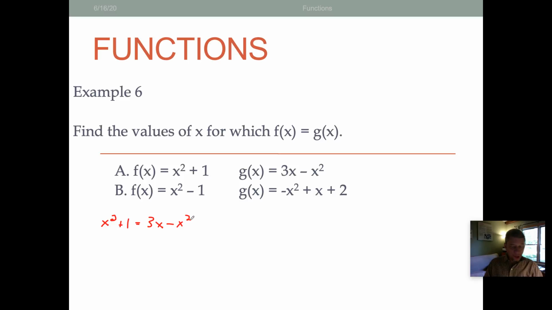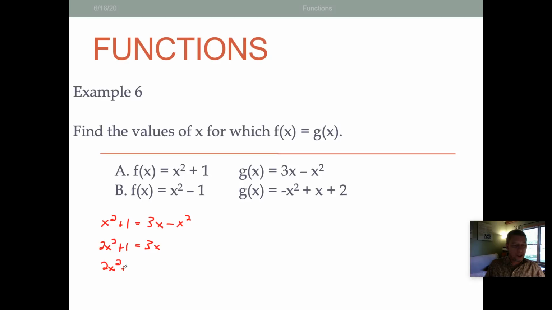Now, in this particular case, I'm going to combine the like terms. The first thing I'll do is add x squared to both sides. And so I have 2x squared plus 1 equals 3x.